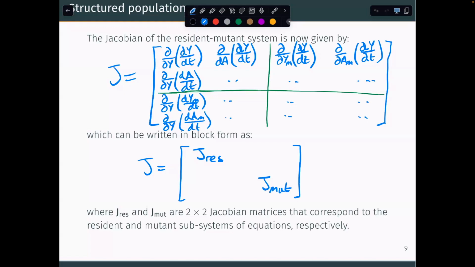Okay, and then what else have we got? Well, our top right corner is going to be how our resident populations are changing with respect to our mutant. So this is just going to be 0. And then we're going to have some matrix S, which I'm not going to bother talking about.